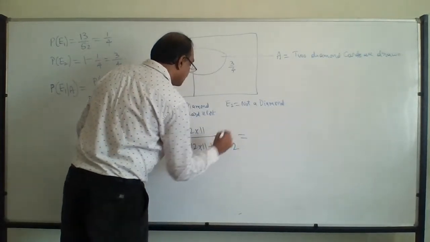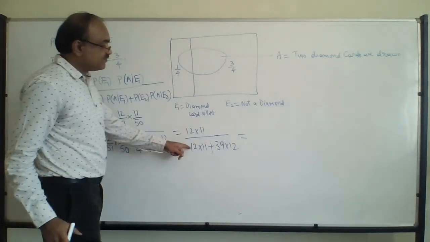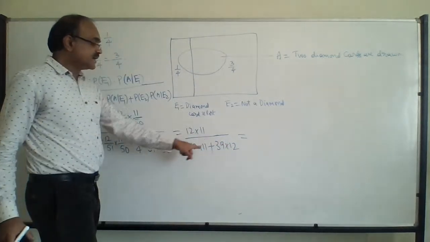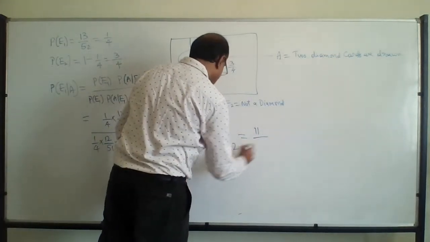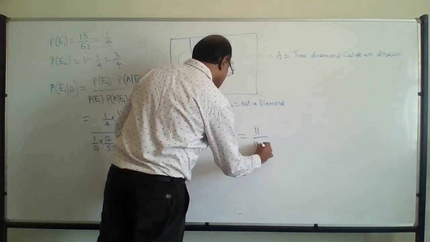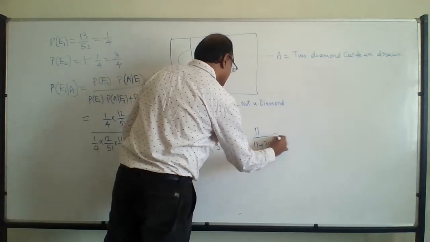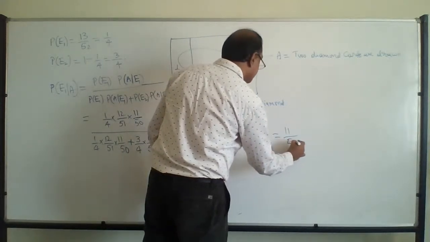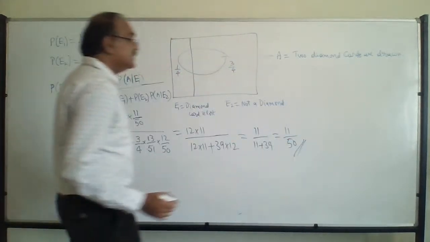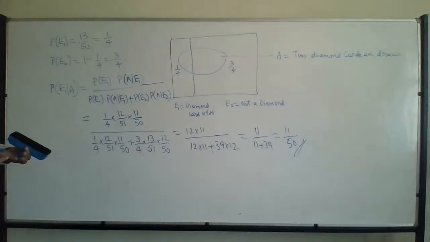So here, a smart way of calculation. You see here, 12, 12, 12 is common everywhere. So you can take 12 common, 12 gets cancelled. So what you get? 11 divided by 11 plus 39. So that is 11 divided by 50. Your answer is 11 by 50.